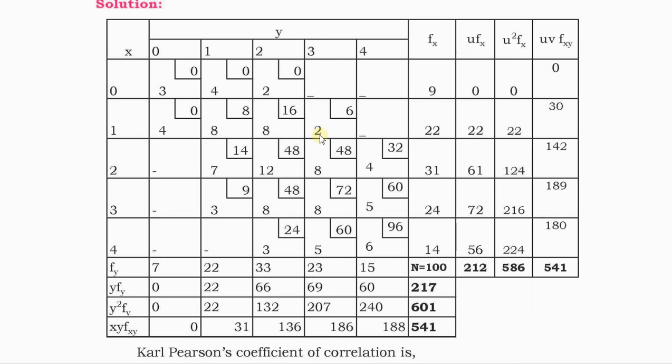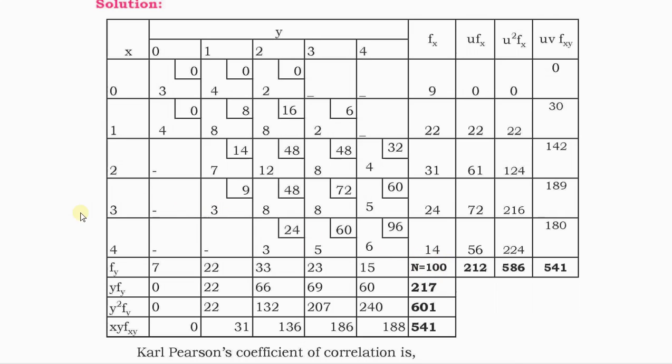So first thing is fx, that is the frequency of x. 3 plus 4 plus 2, you have to add all the frequencies here, that is 9. Next you need to add all the frequencies given here. 4 plus 8 plus 8 plus 2, 22. Next 7 plus 12 plus 8 plus 4, 31. 3 plus 8 plus 8 plus 5, 24. And last one 3 plus 5 plus 6, 14. So this is the frequency of x. When you add them, you will get n is equal to 100.